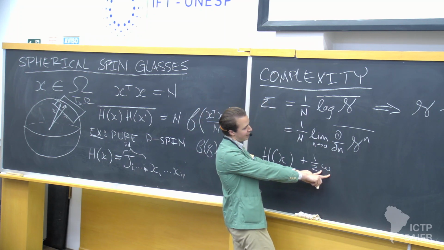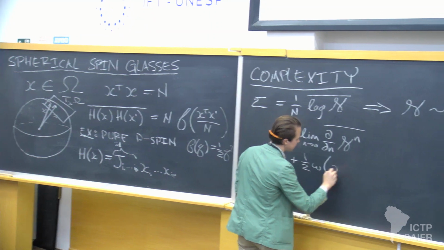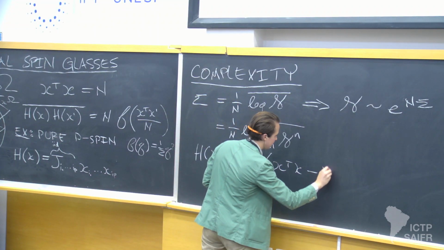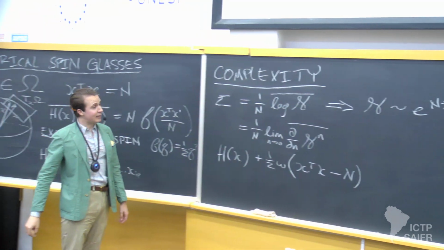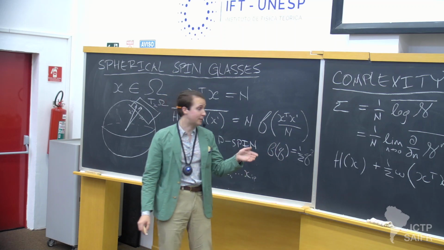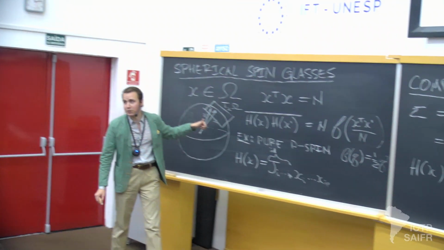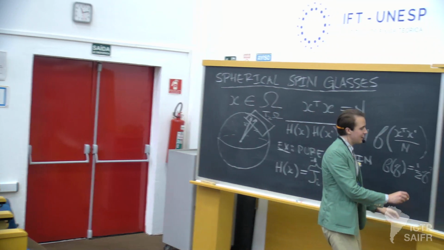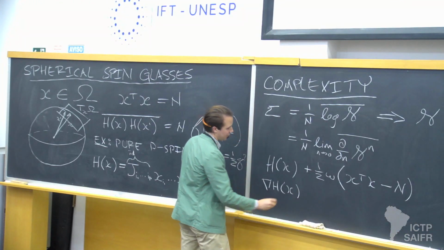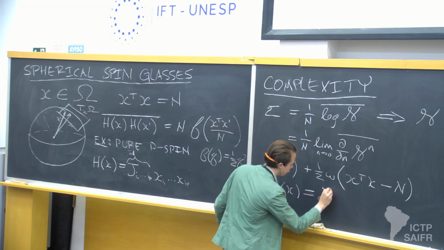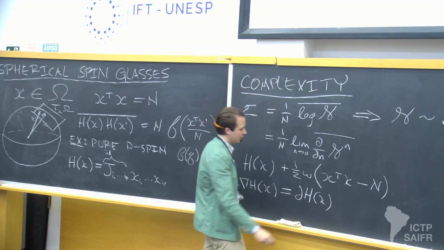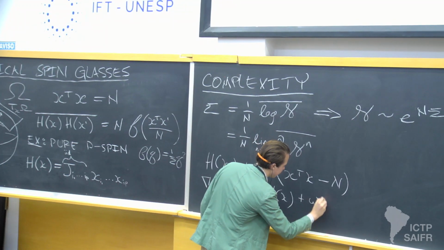My Lagrange multiplier I'm going to call little omega times the constraint that we stay on the n sphere. And this immediately spits out what we should put for the gradient and the Hessian, basically correcting for these outward directions we don't like, which is that the gradient of h should be the derivative with respect to x of the function, the simple derivative, plus omega x.